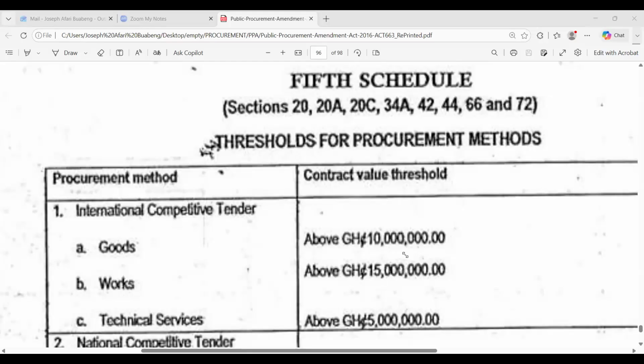Mr. Michael Darko, go ahead. Yes, sir. So I think you can identify the threshold when the department that needs the goods or services presents their purchase requisition request.